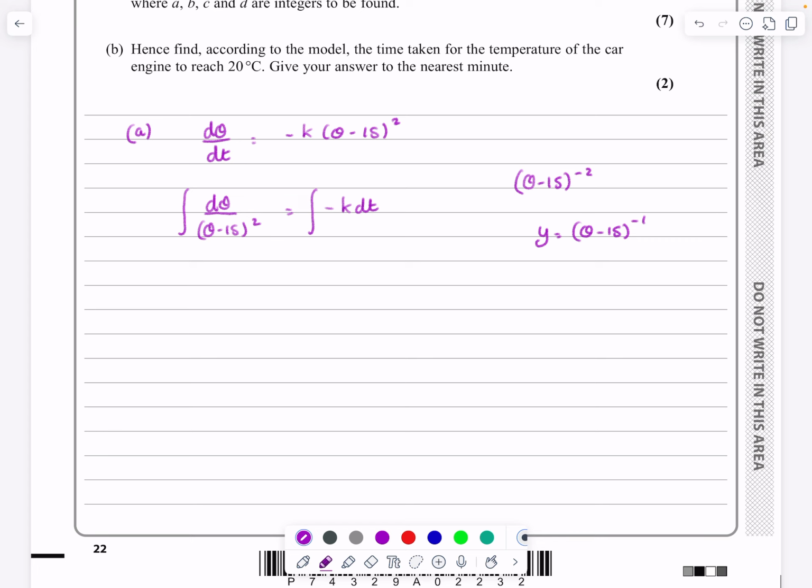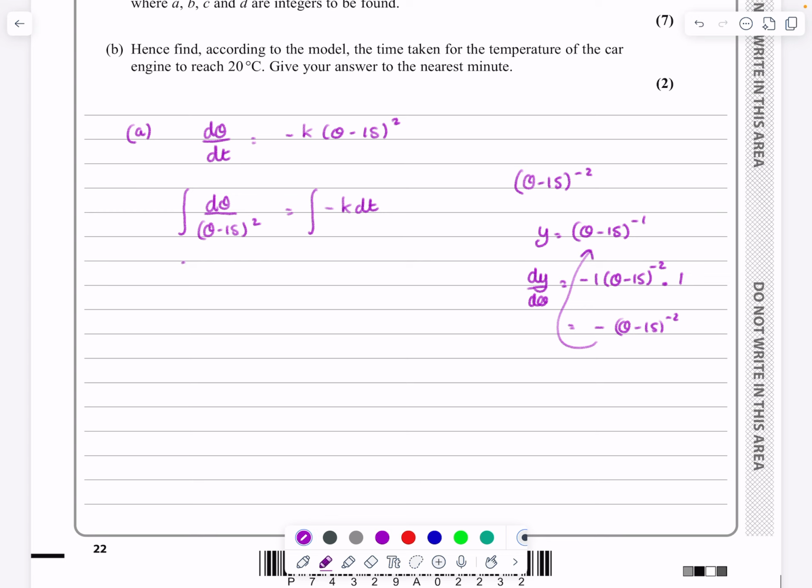When I differentiate that, then dy by d theta works out to be multiplied by the power, take 1 off the power, multiplied by the differential of what's in there, but that's the whole point, the differential of what's in there is only 1. So the integral of (theta minus 15) to the minus 2 would give me minus (theta minus 15) to the minus 1. I haven't got the minus, I've got the plus of that.